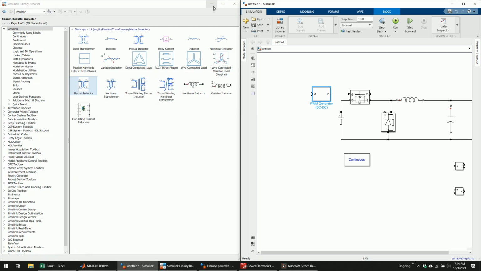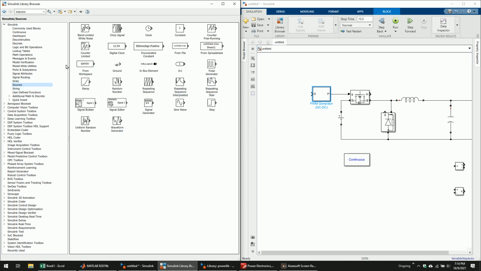You have to go back to the main library here. This is the main library, and then you search for the sink or source. Source, then constant. This one is the D, duty cycle.